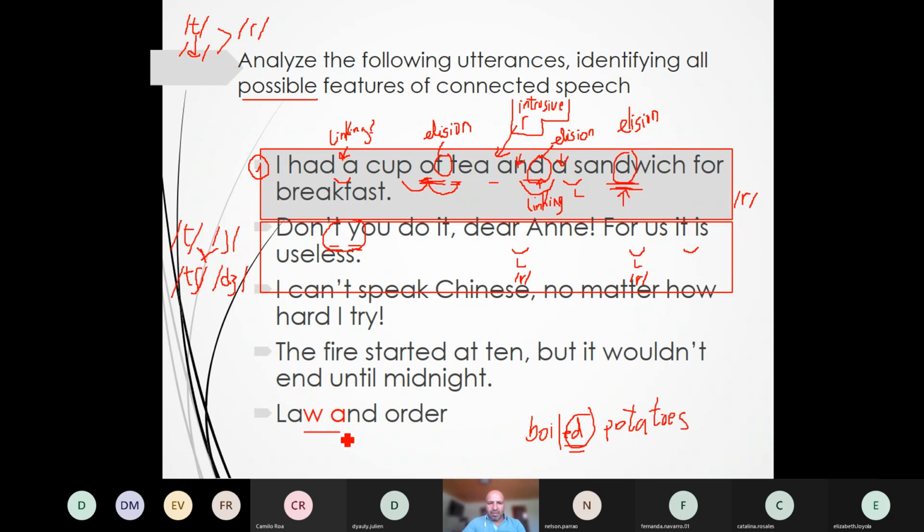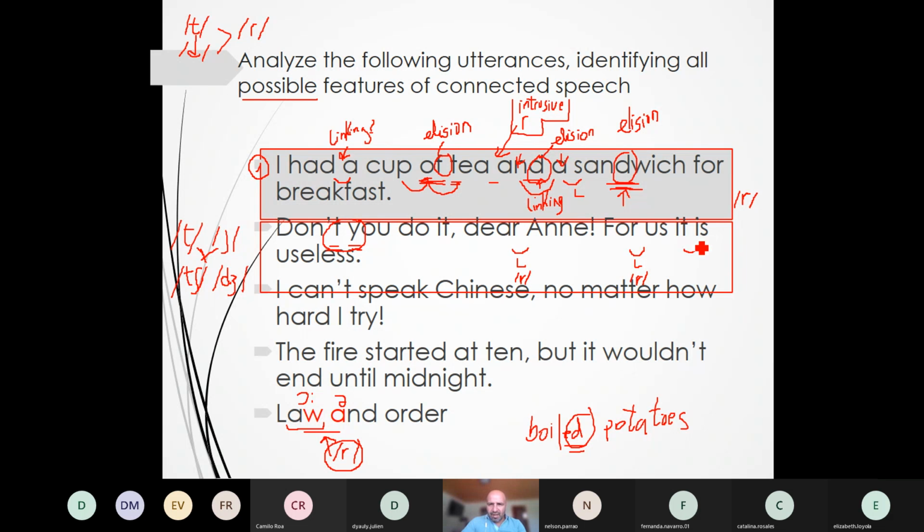So that's why it was inserted. It was an intrusive feature, not present there. The word "law" was still pronounced "law", and in between the last vowel sound of "law" and the first vowel sound in the word "and", the consonant was inserted, right? That's why it was intrusive.